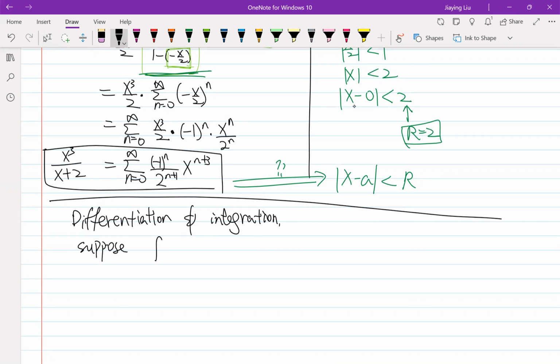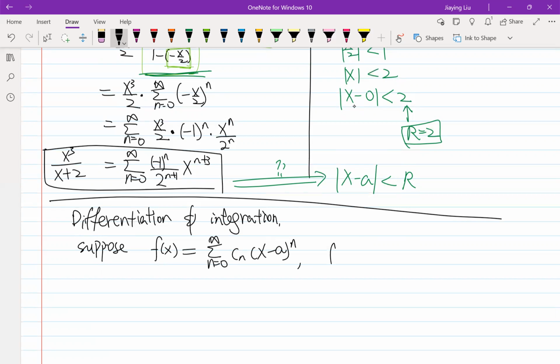So suppose we have some function and we know the power series representation for this f of x, the sum from n equals 0 to infinity of cn times (x minus a) raised to the power of n. Suppose we know the power series representation for some function f.